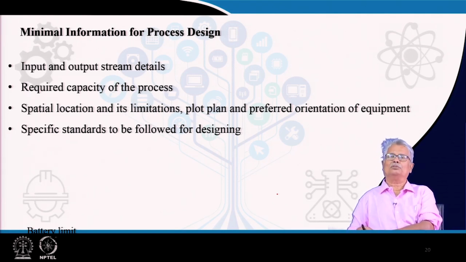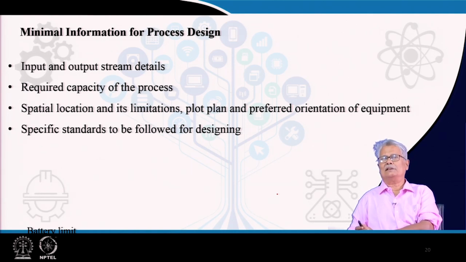Perhaps now we should focus on the process design problem. Normally, whenever we design a process, we need to know the boundary limit. That means whatever streams are input to this particular boundary and what are the output streams leaving this boundary. We definitely have to have an idea about the required capacity. Is it 6 tons per hour or 0.6 ton per hour?